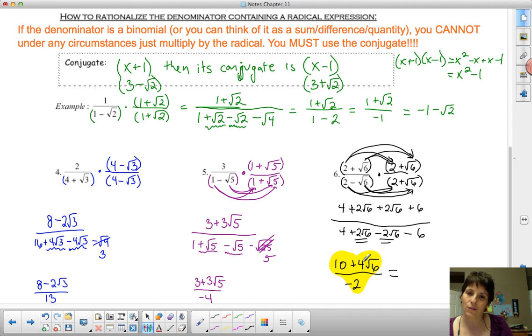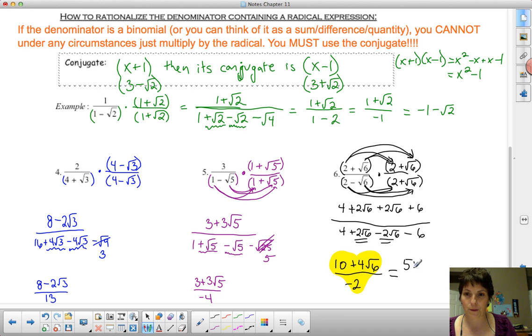So 10, 4, and 2. Not the 6, remember it's simplified, so it's a variable. So I'll say it again. 10, 4, and 2. Not the 6, it's a variable because it's a radical and it's simplified. The 10, the 4, and the 2 are all divisible by 2, so we should do that.